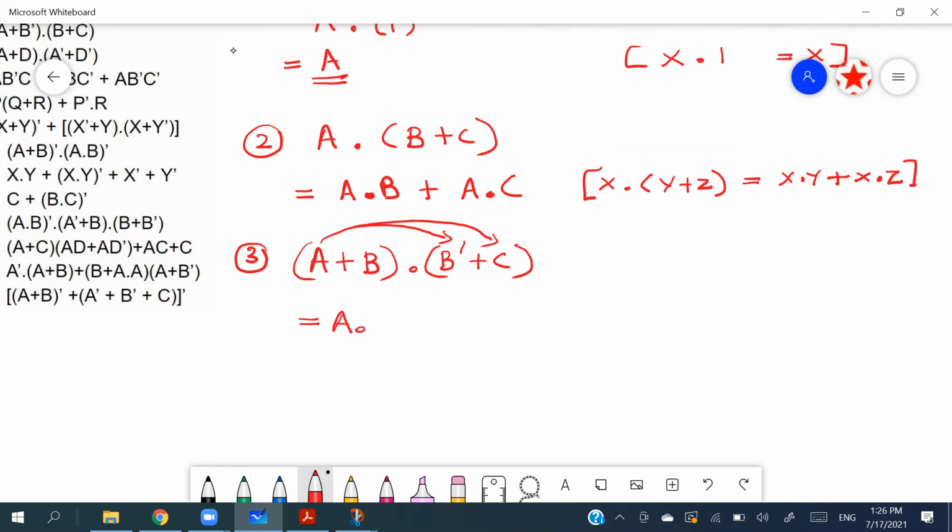So I'm going to have A dot B bar plus A dot C, and then I'm going to multiply B by these two. So it's B dot B bar plus B dot C. So the reason is distributive law. So I'm writing it like this.